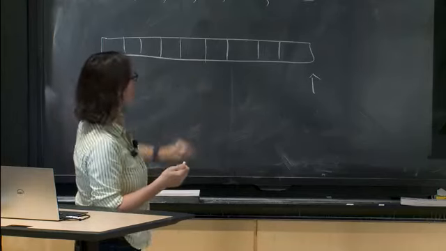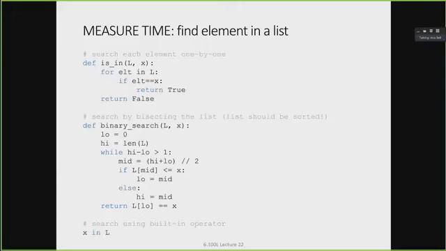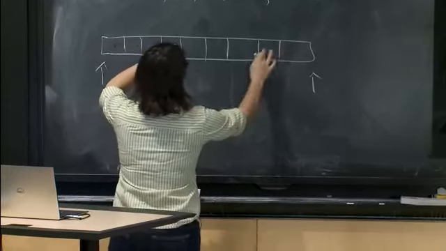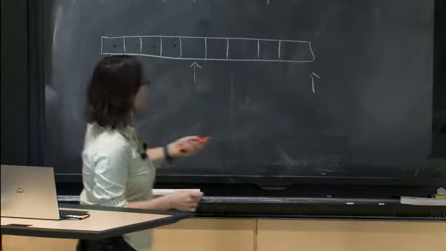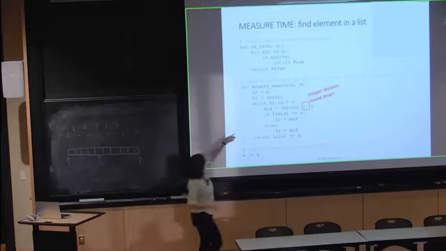In this particular case, you look at the element in the middle and you say, are you the X I'm looking for? Good. So that's this one right here. The midpoint calculation is right here.